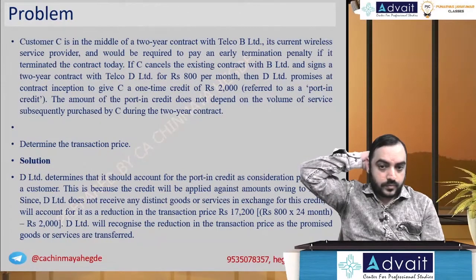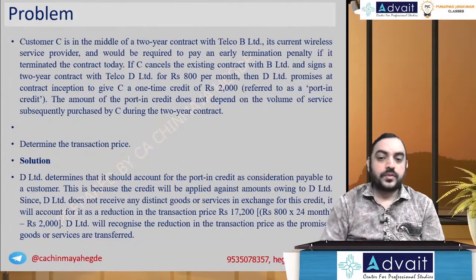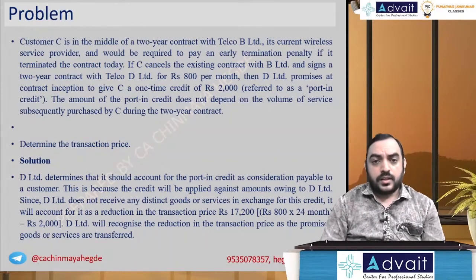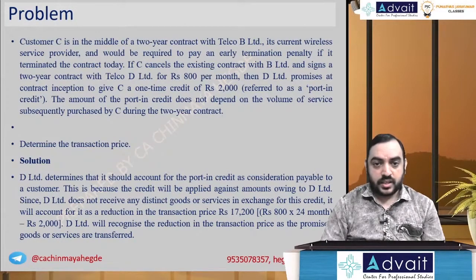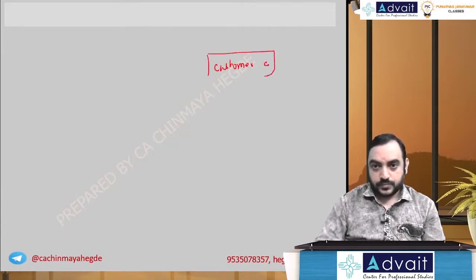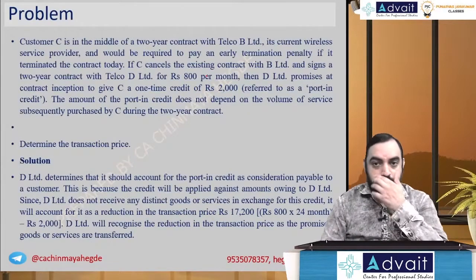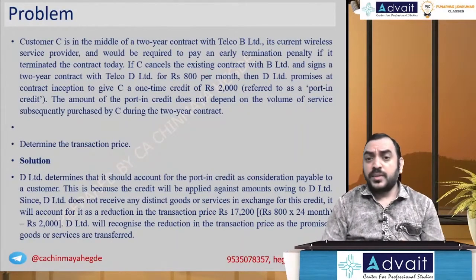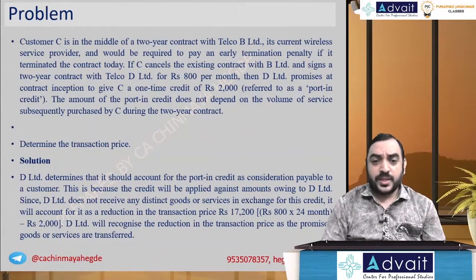C is in the middle of a contract, that you worry about later. Let's look at this transaction by graph. Customer C had a contract with Telco B Limited, but we'll forget about Telco B Limited.